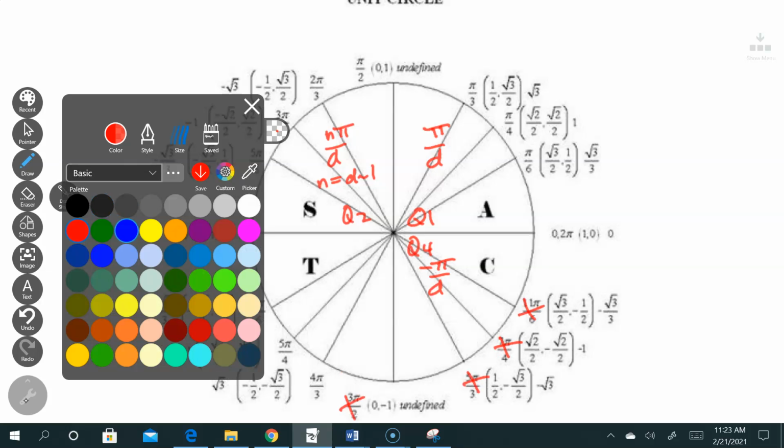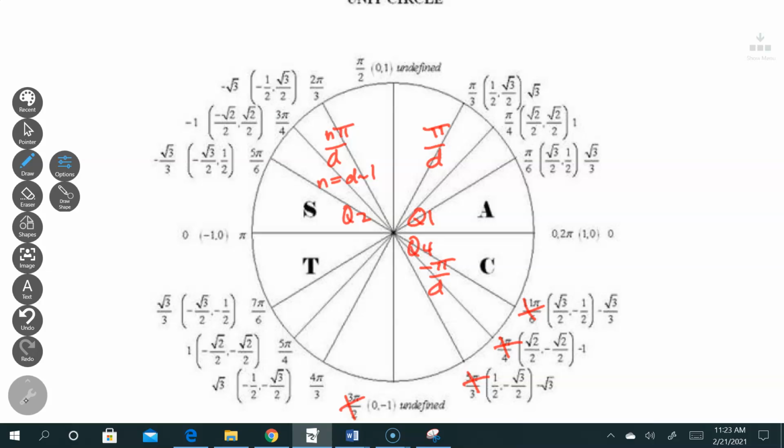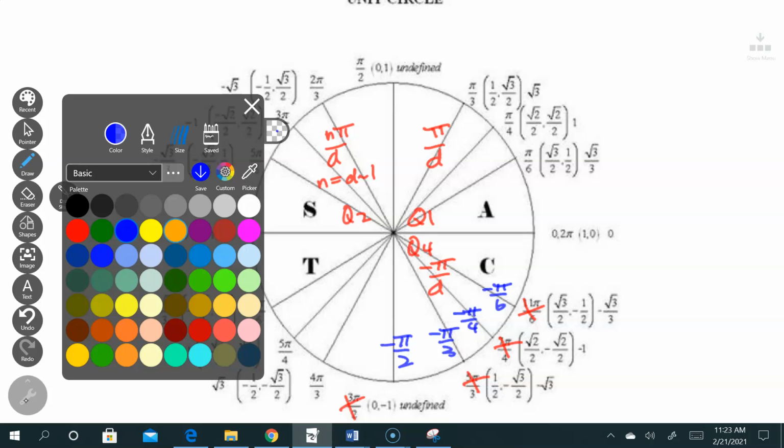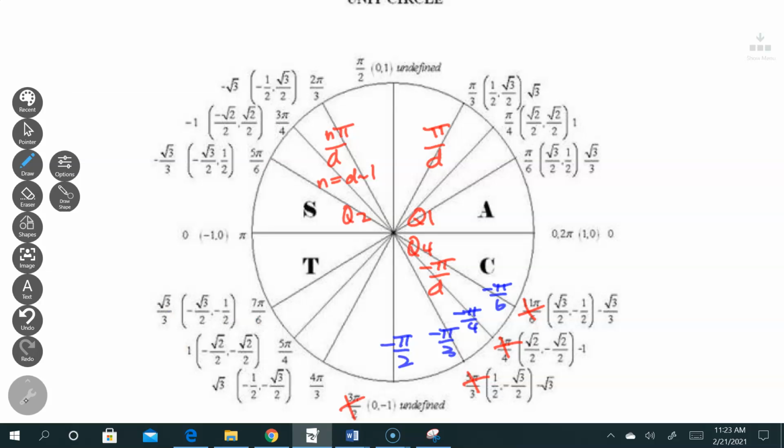Those are the angles on the unit circle. The angles I want for the inverse trig unit circle are going to be negative pi over 6, negative pi over 4, negative pi over 3, and negative pi over 2. And then finally, quadrant 3, I don't use this at all. Okay, so this is a picture I'm using to do inverse trigonometry.